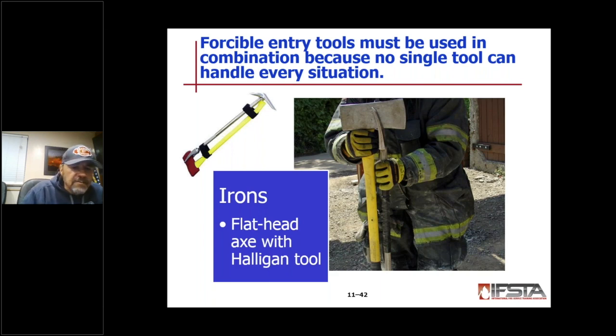Another is called a married set. All of our engines and tenders have a set of irons. For any fire-related call, these should be coming off the truck every single time. Once we are able to meet in person, we'll be able to start handling these, understand the different components, different parts of each of these tools and how they're used.